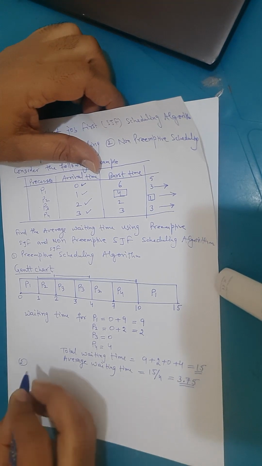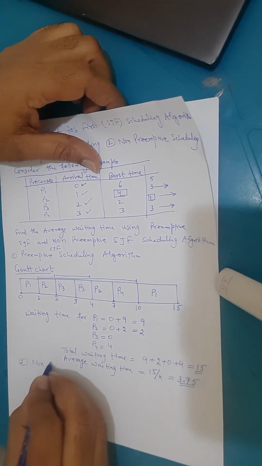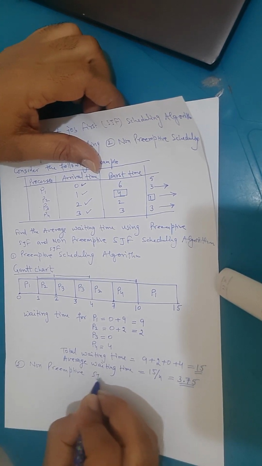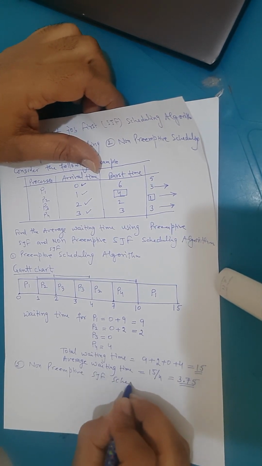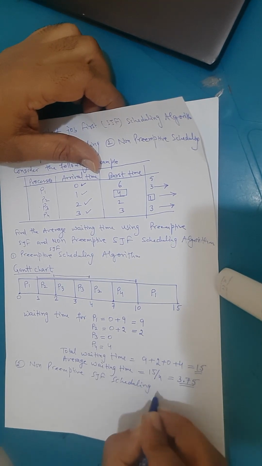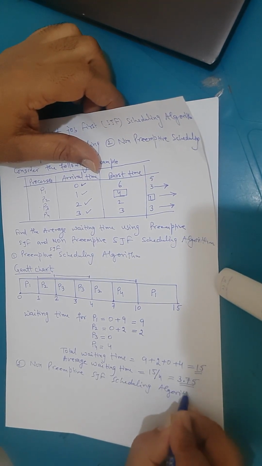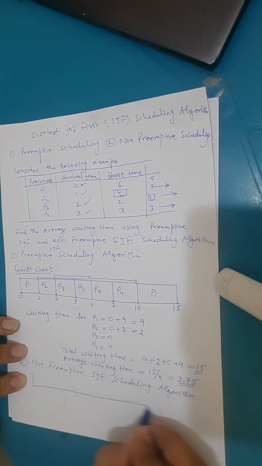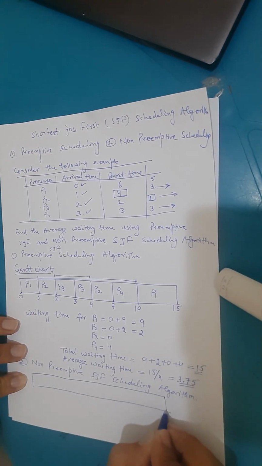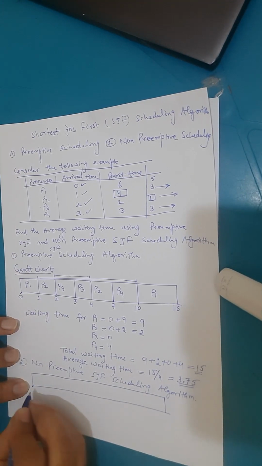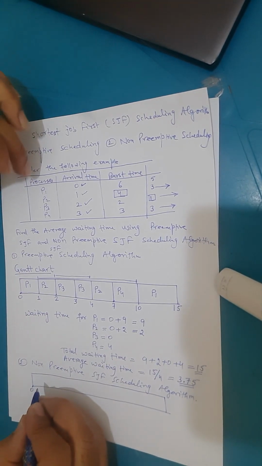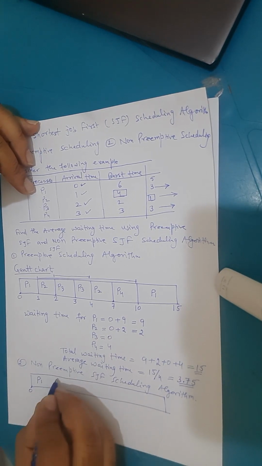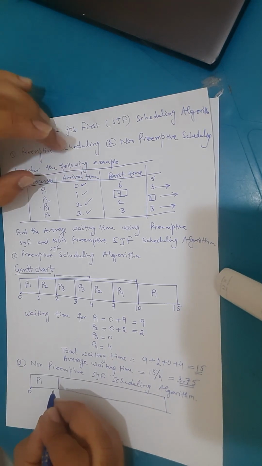The second part is non-preemptive SJF scheduling algorithm. Now construct the Gantt chart again. At 0 there was no process except P1, so P1 will start to execute up to 6.